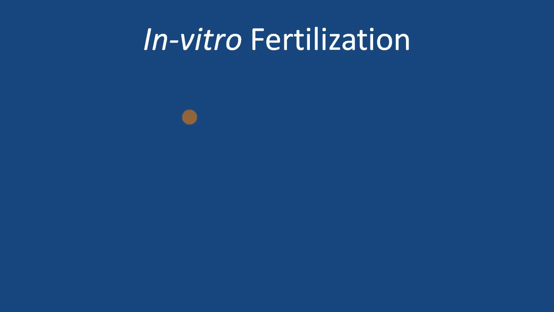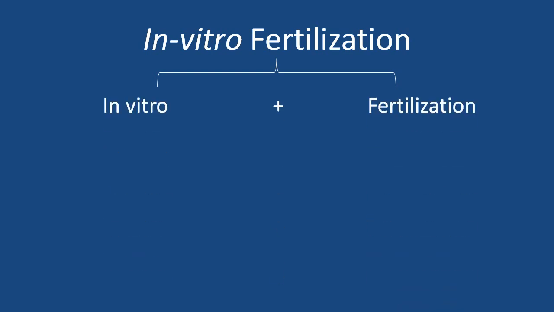Next term is in vitro fertilization. The literal meaning you can find out is in vitro plus fertilization. Vitro stands for glass, and fertilization we have already studied in class 10. Fertilization means fusion of gametes, right?